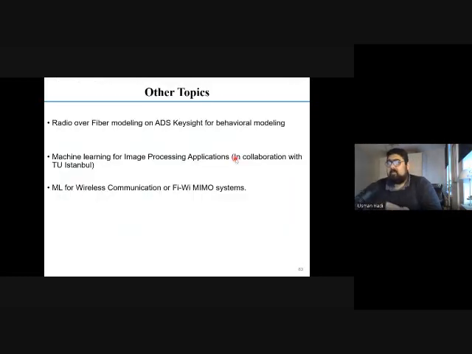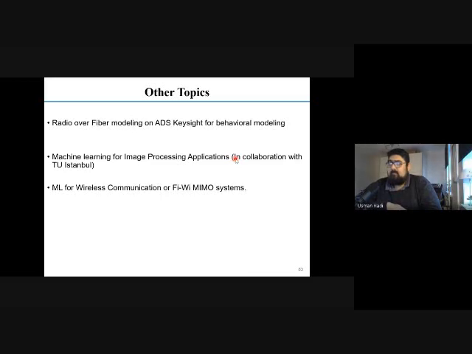Other topics: because my background is from optical communication, I cannot really leave it, so I always think to do something in it. There is a Keysight Technologies ADS behavioral modeling project proposal for the ROF.